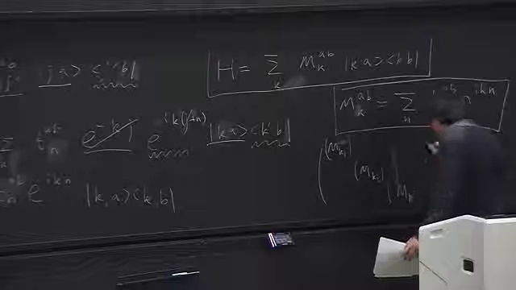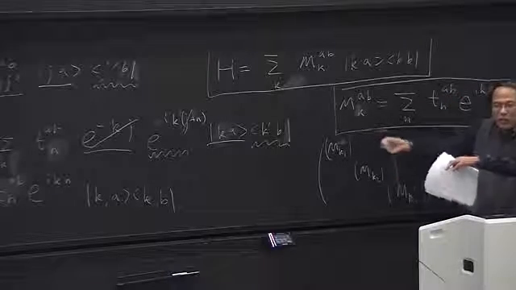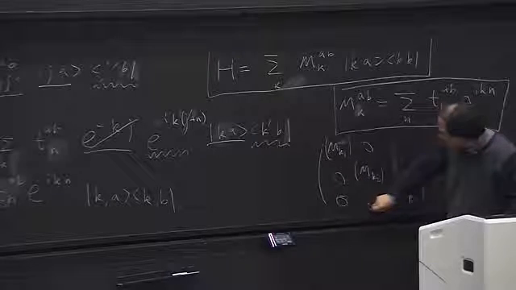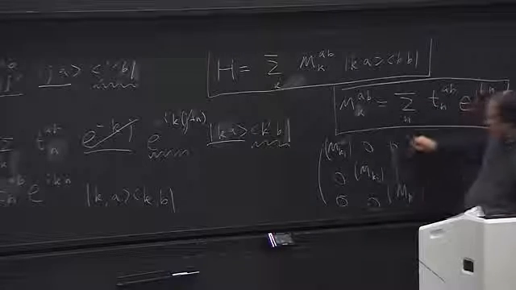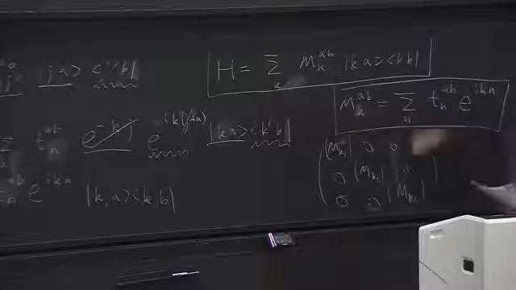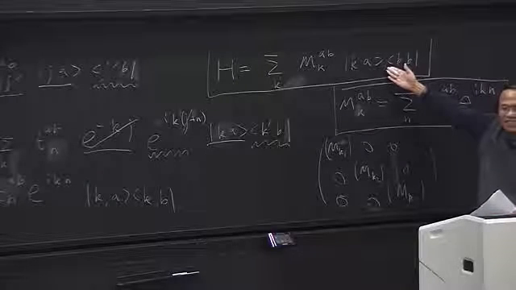Remember K are all discrete values. For every discrete value, you can put this block here, but all others are 0. There's nothing mixing different K. And that's the key. So this Hamiltonian became block diagonalized.